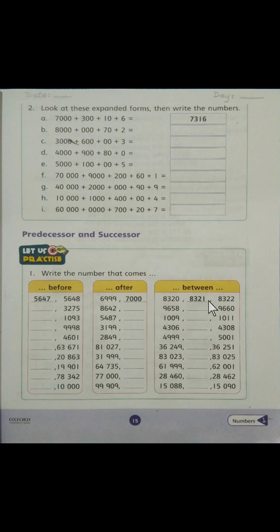You have to write the number that comes between these given numbers. What comes after 8,320? It's 8,321. And here we have the number 8,322. So we have to write the number that comes between the given numbers.